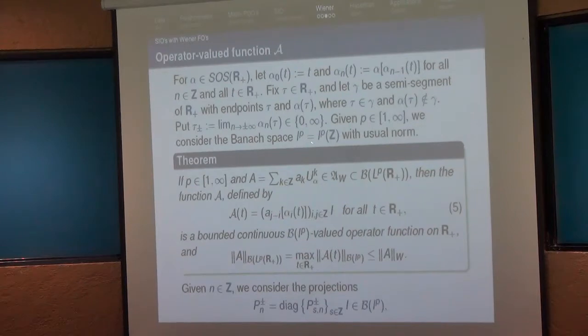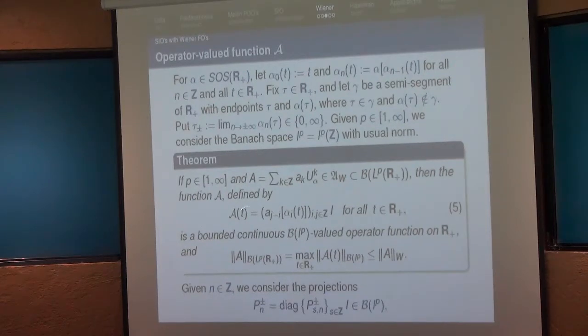Now we consider the Banach space little l^p over Z, so all integer numbers with the usual norm, and to each such functional operator we may associate a matrix function. The matrix is infinite dimensional on both sides. So this matrix has the following form. So in a sense, the structure is by diagonals, and in each diagonal we have iterations of coefficients.